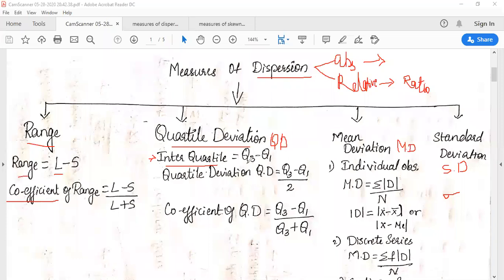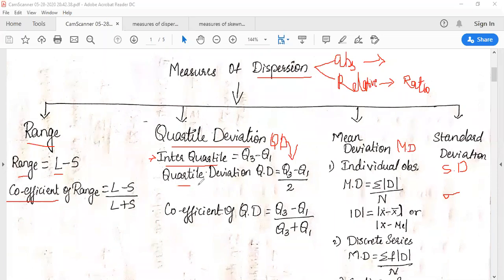That is interquartile range. Then the actual calculation of quartile deviation is the average of Q3 and Q1. Why do I say average? Because we take Q3 minus Q1 divided by 2. So this is quartile deviation.